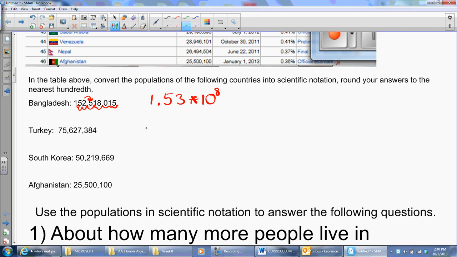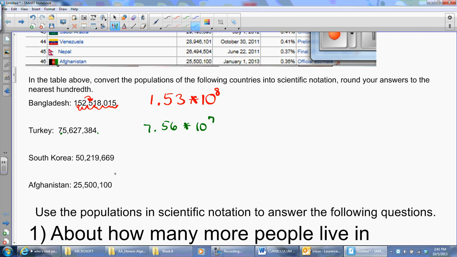and there is the population of Bangladesh in scientific notation. Now the population of Turkey in scientific notation. There's a decimal point. I need it to be here. Looks like my decimal will be 7 and 56 hundredths. And I'll multiply by 10, and I believe it's going to be to the 7th power. 2, 3, 6, 7. Yeah, okay.